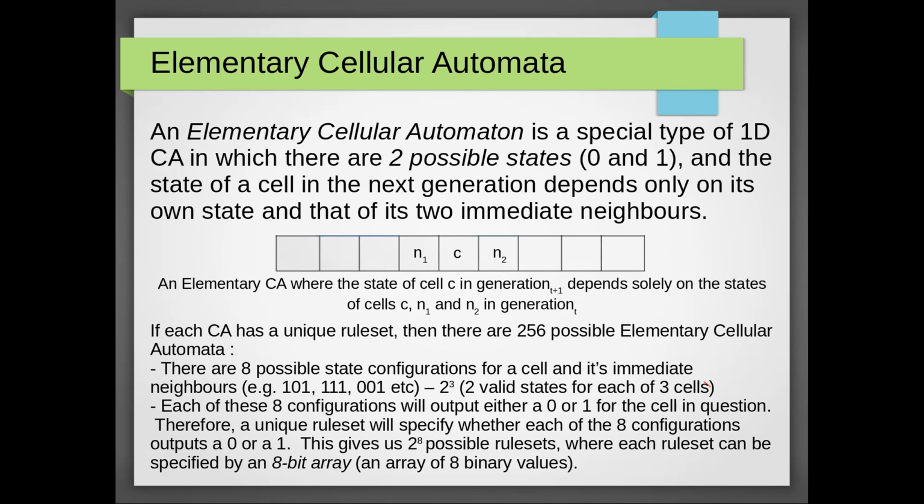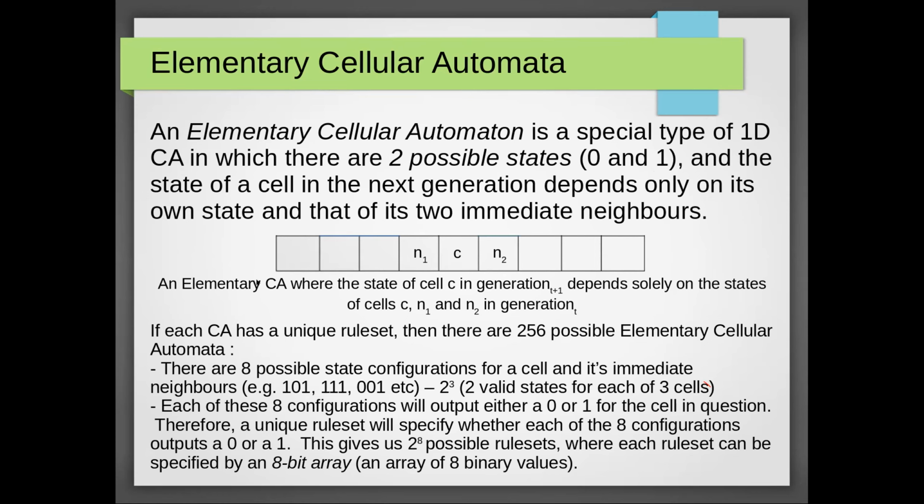Now, I'm going to show you some one-dimensional cellular automata in a bit, but there's a special type of one-dimensional cellular automata in which there are 2 possible states. So it's a binary system. You've just got 2 states, 0 and 1. This is known as an elementary cellular automaton, where you've got 2 states, and the state of each cell in the next generation depends only on whatever state it's in itself and its 2 immediate neighbors.